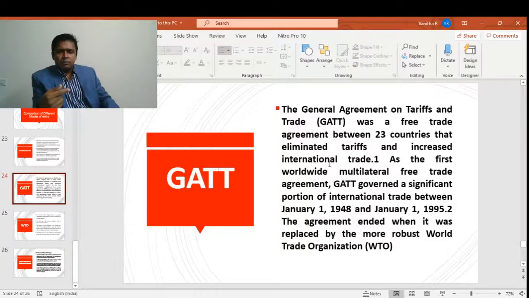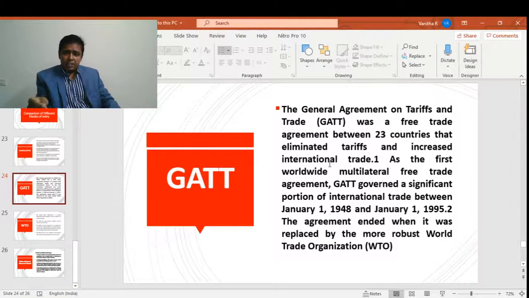Before that, in the 1900s, from 1900 to 1930, 40, there were no proper agreements between countries. What used to happen is that developing or underdeveloped countries used to have their own products and services and would dump their products in international destinations or markets.